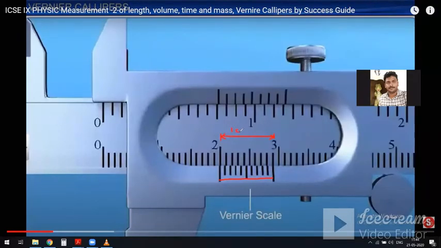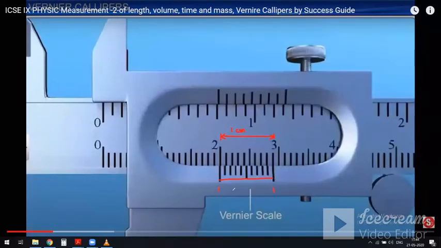But as you can see, the vernier scale starts from 2, but it is not ending at 3. It is just ending here. So this distance is not 1 centimeter. This distance is 1 less, that is, it is only 9 mm.